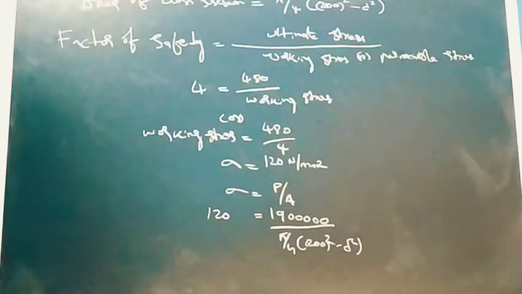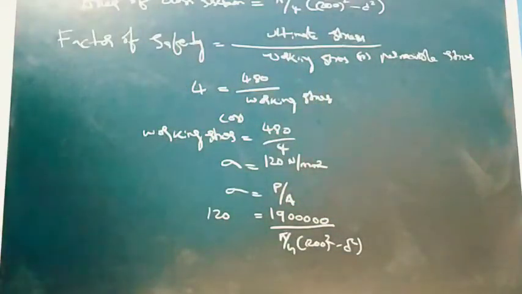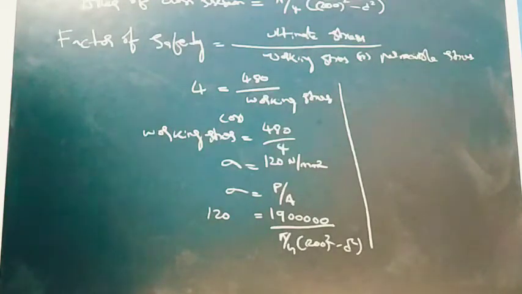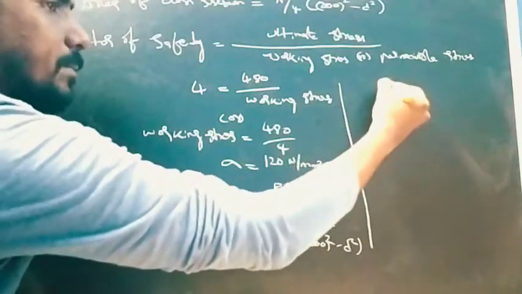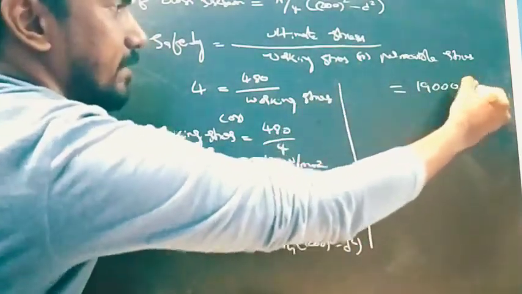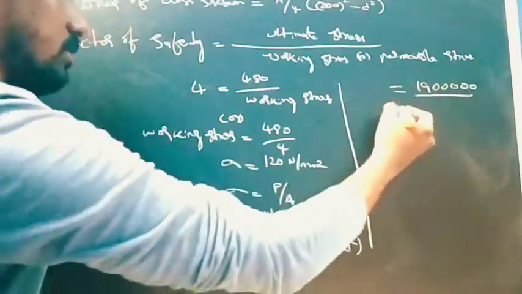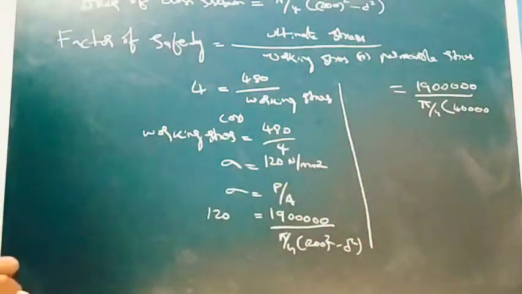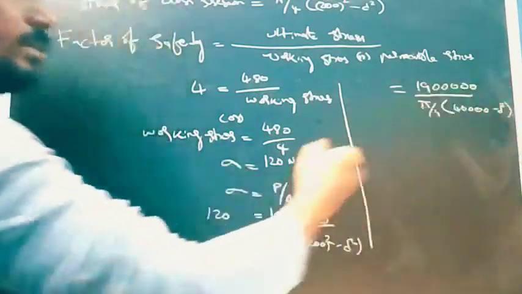So 1.9 into 10 to the power of 6 upon pi by 4 into (40,000 minus d square).